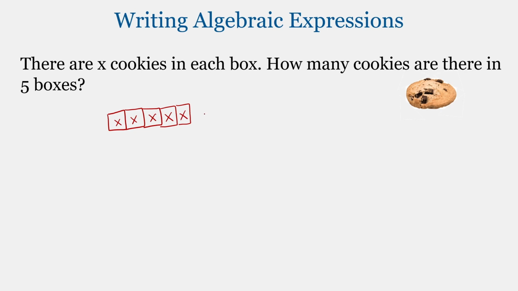We can look at this as addition, and we can say x plus x plus x plus x plus x. That's exactly what we've done here, is we have 5 x's. We add that together and we get 5x. This is using addition. But multiplication is fast addition. So we have 5 of these. So we'll do 5 times x.